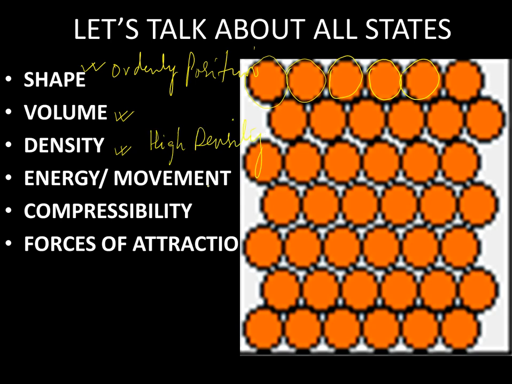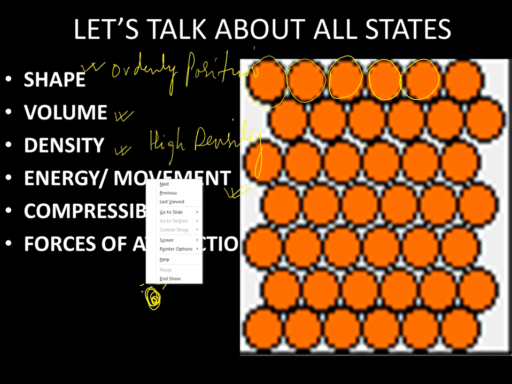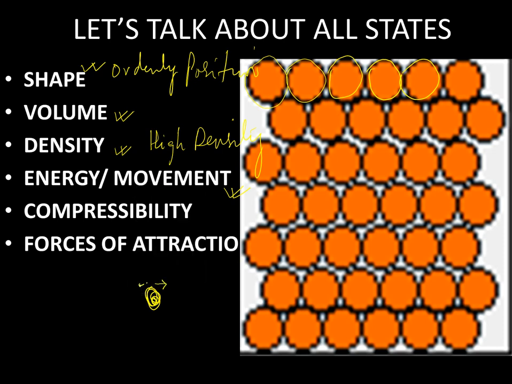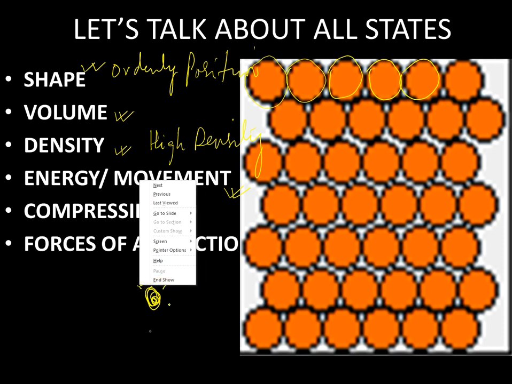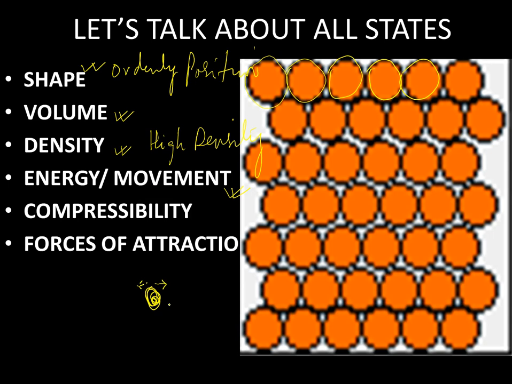And when we talk about the kinetic energy or motion of the particles, look, if I observe the movement of this particle, it can move slightly. In physics we say it's moving about its mean position. It's just vibrating, remaining fixed, but vibrating to the right and left.